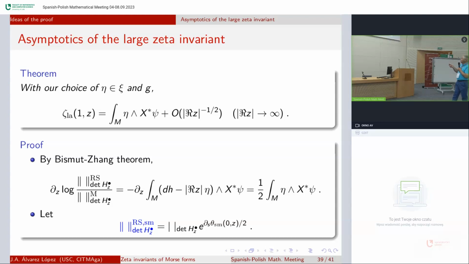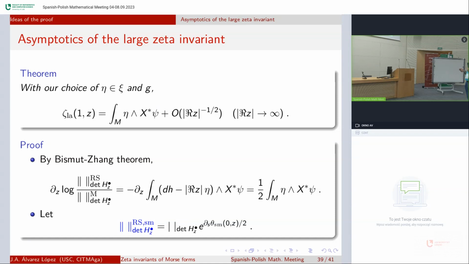And now we define a small Ray-Singer norm on the determinant using only the small theta invariant, the value of the small theta function at 0, and the derivative with respect to s at 1/2.